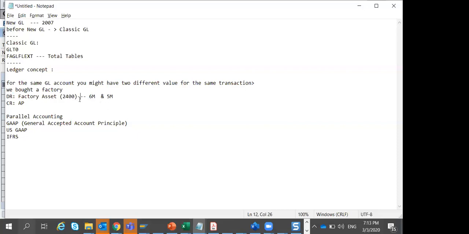For example, on this GL account, from the US perspective, $6 million will be recorded as an asset. From the IFRS perspective, meaning the European side, $5 million is considered as the asset value. What about the other $1 million? It is considered an expense and has to go to a different GL account. I'm just giving an example, which is a real example.